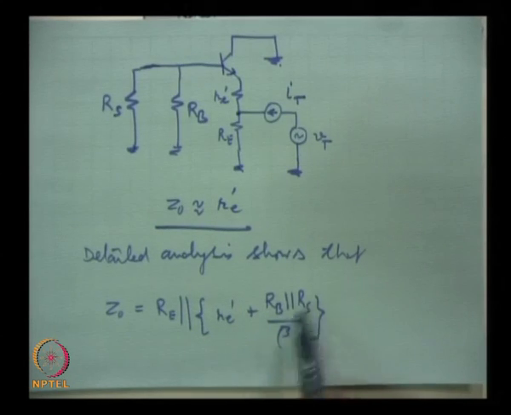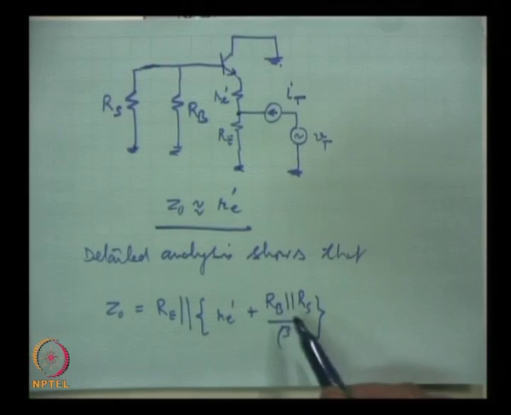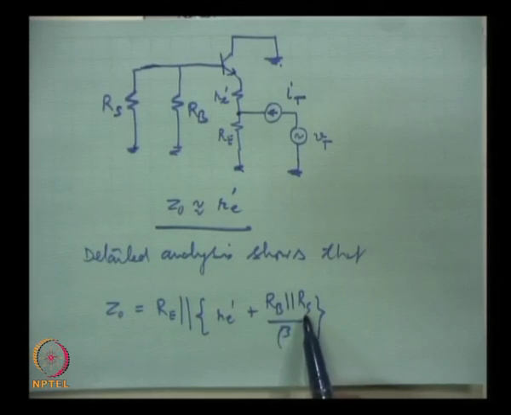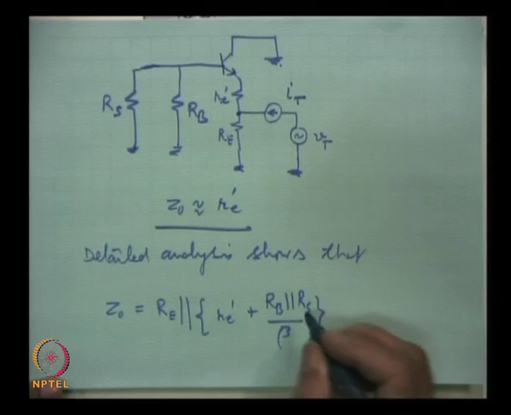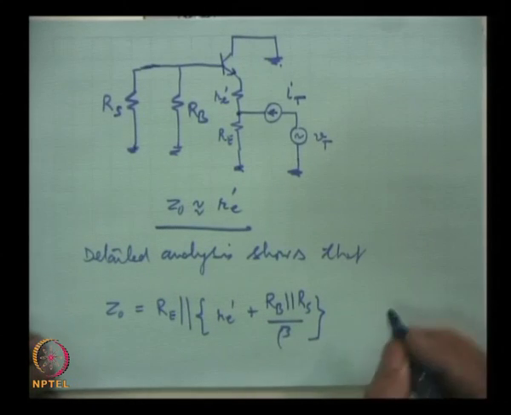Now, here in this expression, as I said just now, Rb is many times several hundred kilo ohms, but normally 10, 20, 40 kilo ohm, and this Rs will be much less than 1 kilo. So, the parallel combination will give you a value smaller than Rs, so closely equal to Rs.